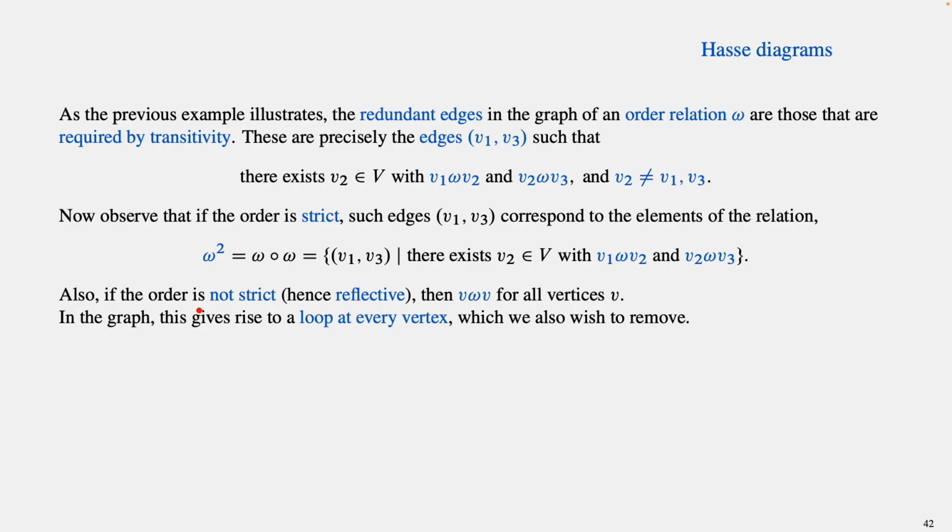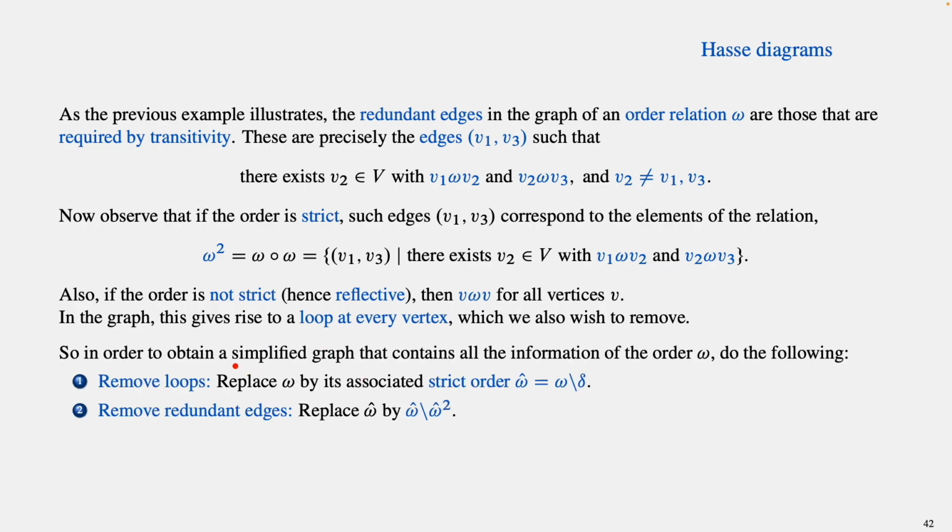Now if the order is not strict, then it has to be reflexive. And this means v omega v would be true for all vertices v. And in the graph, this would give rise to a loop at every vertex, and these are also redundant. They don't contain any real information about the order, so we also wish to remove them.